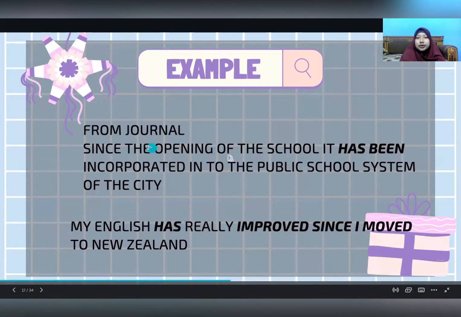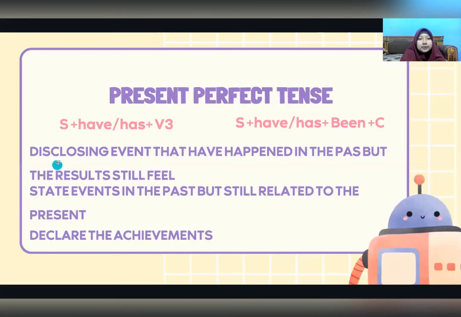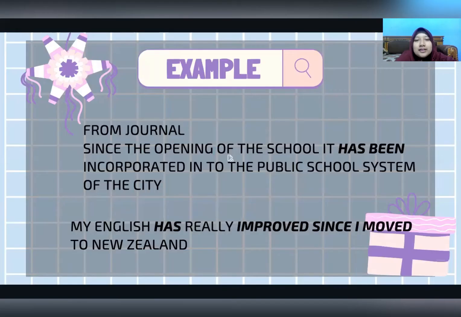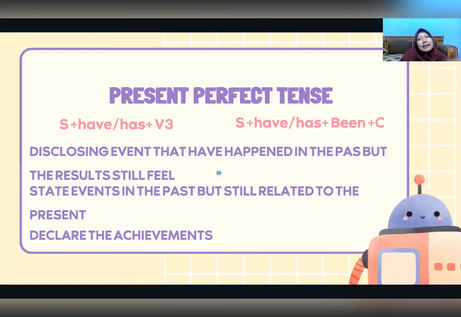These two sentences tell about an event that happened in the past, but the result is still felt right now, still felt in the present. So this is my discussion about the present perfect tense.